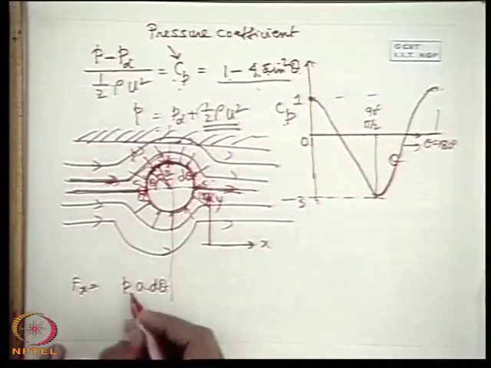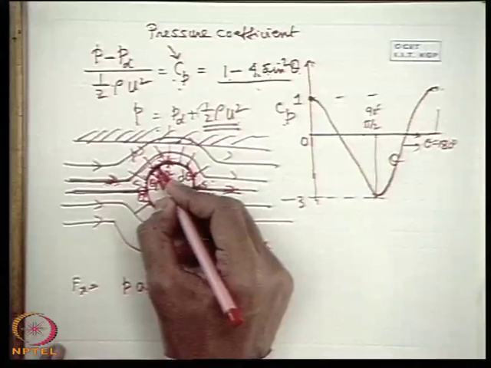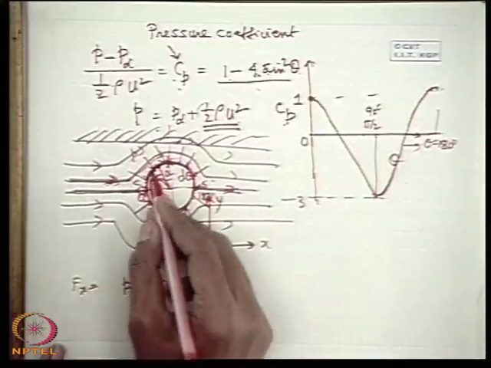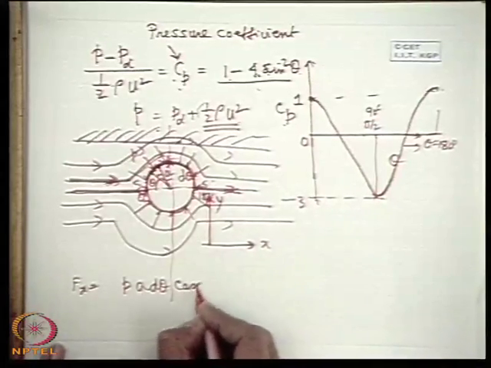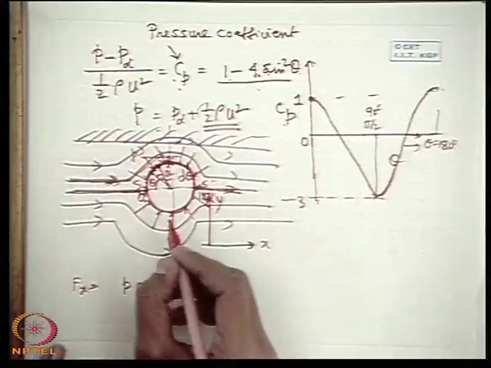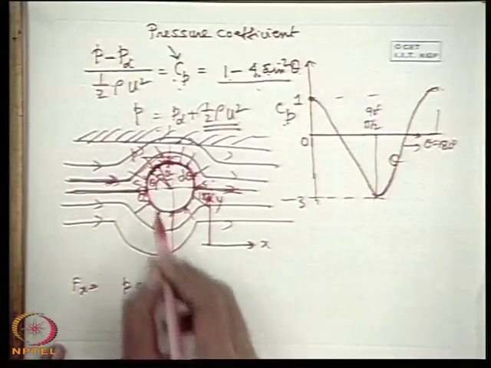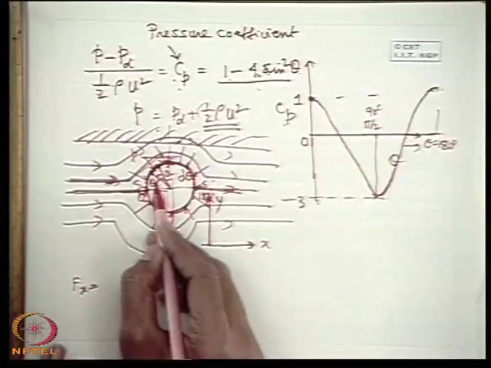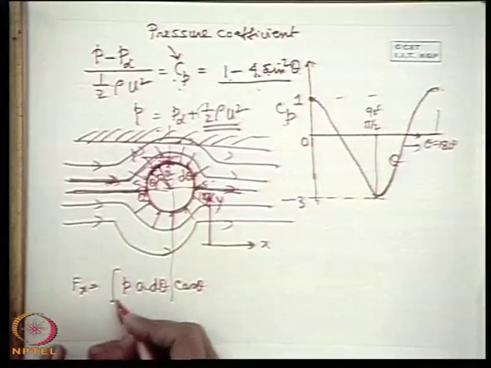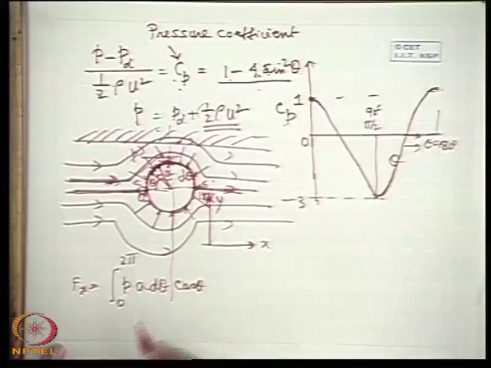So per unit length, this is the force on this element, P a d theta. If you take its component, cos theta will be its component in this x direction because this is the angle theta. So therefore cos theta, if you integrate it over the entire cylinder, you will get Fx.